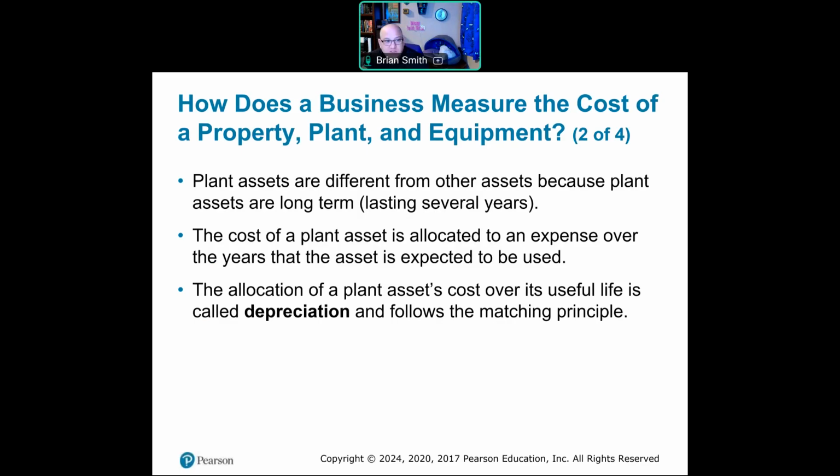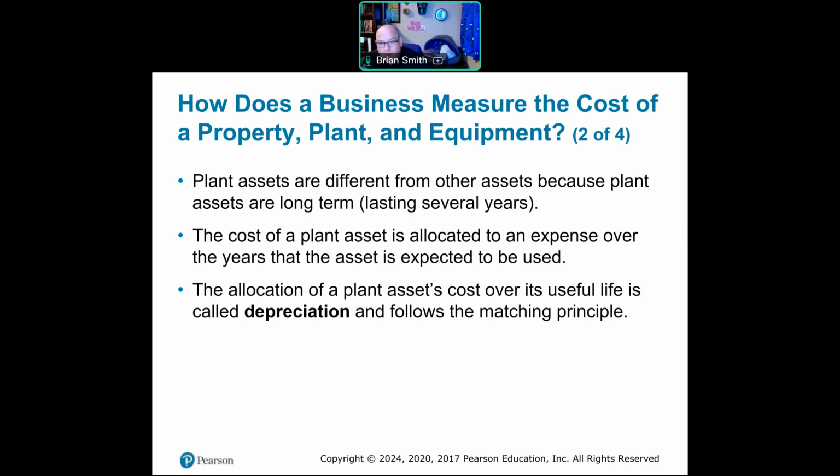So when we purchase the asset, that asset's going to last longer than 12 months. Let's take, for instance, a building. If you buy a building, that building is going to be used probably for several years, talking 30 years, 40 years, 100 years, we don't know.